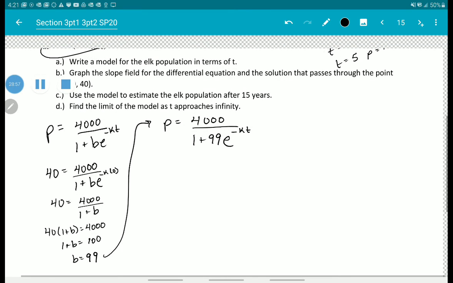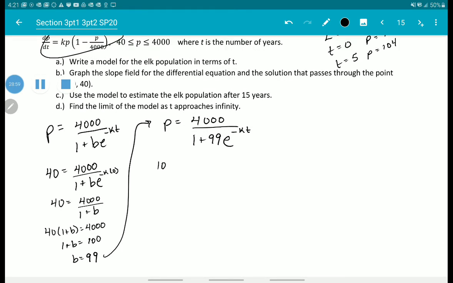And this is where we're going to use that second condition. We had a population of 104, and that was 5 years in.